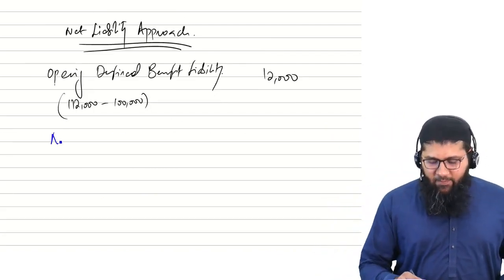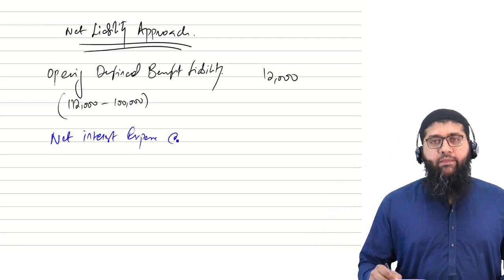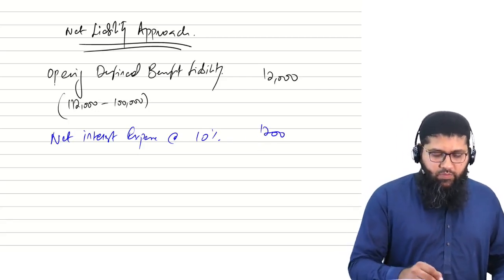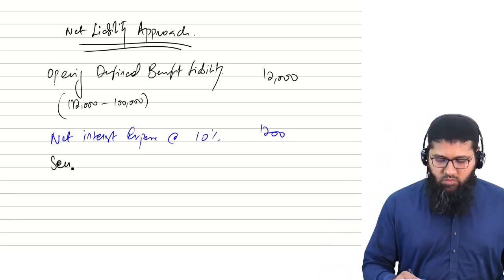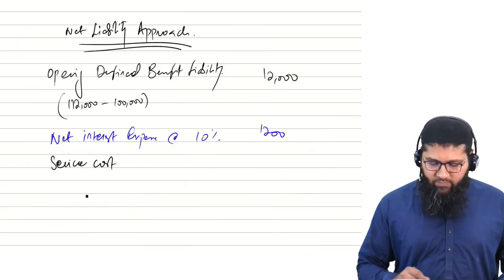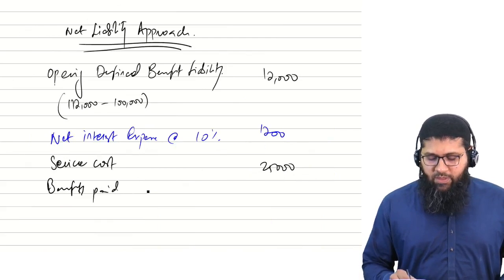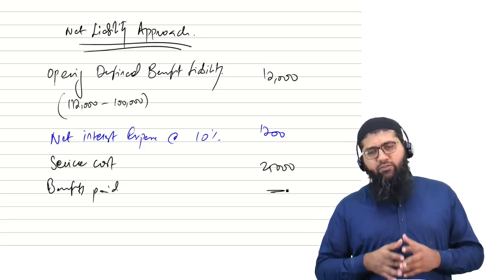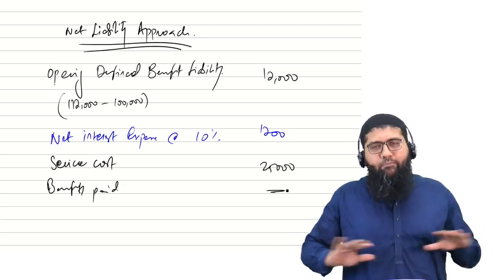You could directly say net interest expense at the rate of 10%. Then there is a service cost and that is 25,000. The benefits paid are not going to be shown because they reduce assets and they reduce liability, so they have a net zero impact.